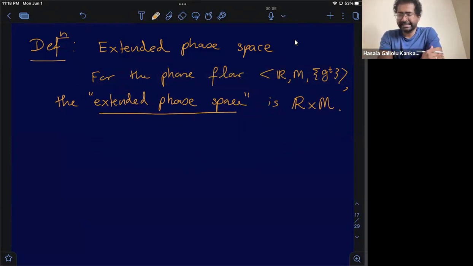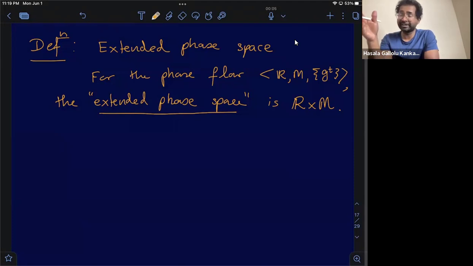So extended phase space is none other than the space where you can actually include the trajectories of this conversation. What do we mean by trajectories? So that is none other than exactly the motion through time, right?